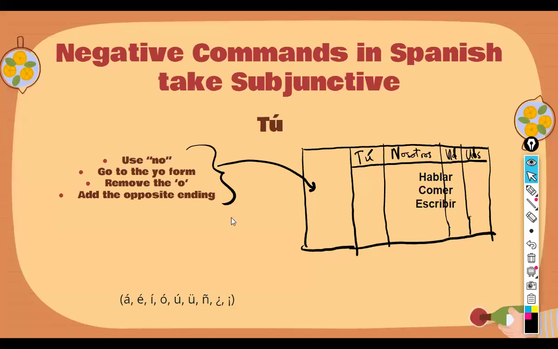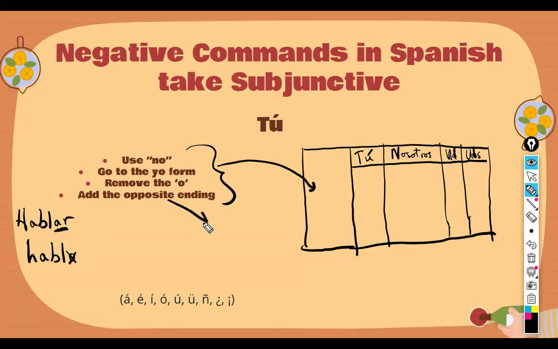Let's try it over here with them, right? So we take hablar first. We're using regular verbs to start with, right? When I'm forming my verb, I need the yo form. So that is hablo. Take off the O, and I have to add the opposite ending.